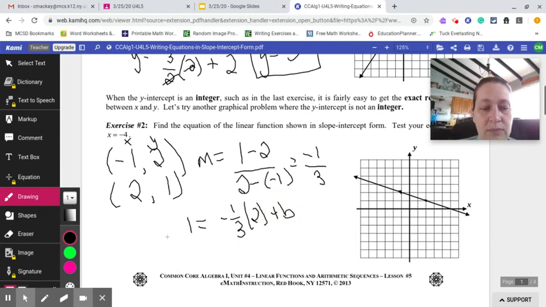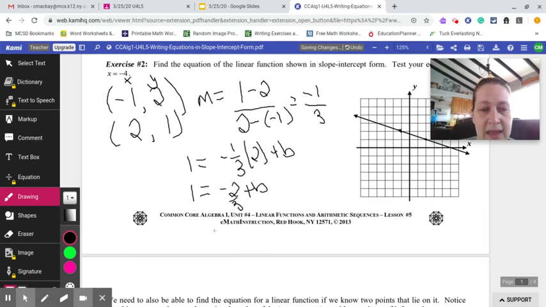Okay, 1 equals -2/3 plus b. Then I'm going to add 2/3 to both sides, which gives me b equals 1 2/3.